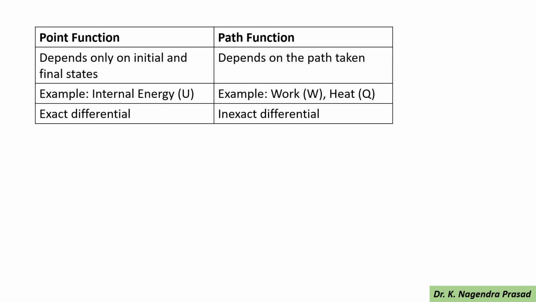So the differences between point functions and path functions: a point function depends only on the initial and final states, and a path function depends on the path taken. An example of a point function is internal energy, and path function examples are work and heat. Point functions are exact differentials, but path functions are inexact differentials.